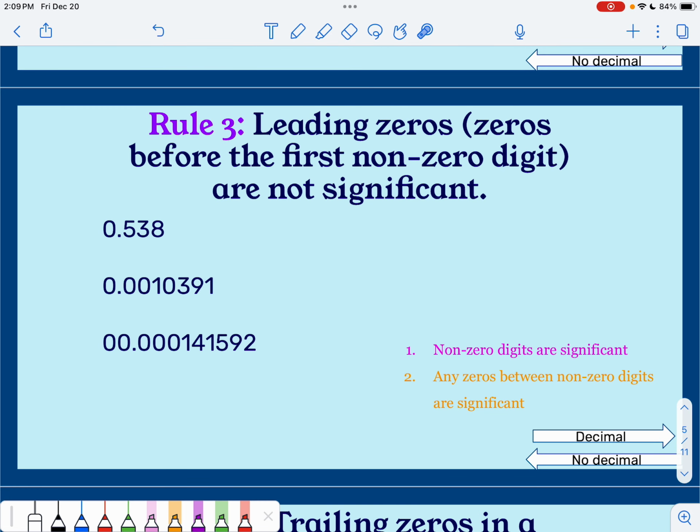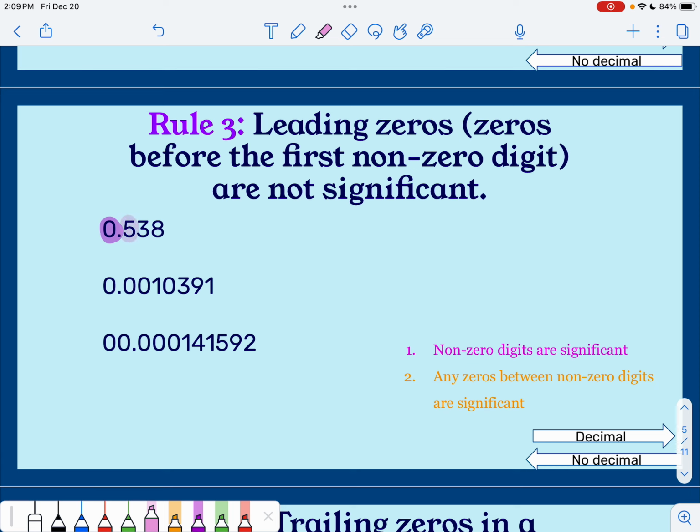Rule 3 says that leading zeros, which we define as zeros that come before the first non-zero digit, are not significant. So let's do some examples. So this 0 right here, it comes before the first non-zero digit, which is any number, 1, 2, 3, 4, 5, 6, 7, 8, 9.